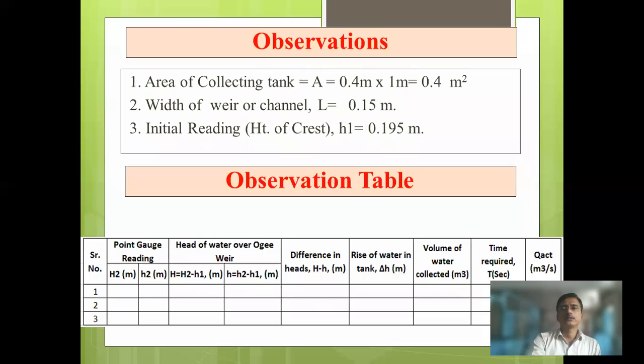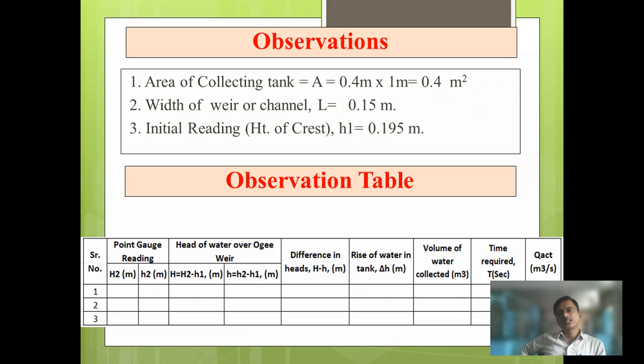Note down the observations and the observation table for this practical. Observations first. Area of the collecting tank: it is the same as the previous practical because we are going to perform this practical also on the same tilting flume. So the cross-section area of the collecting tank is A equal to 0.4 by 1, equal to 0.4 meters square.